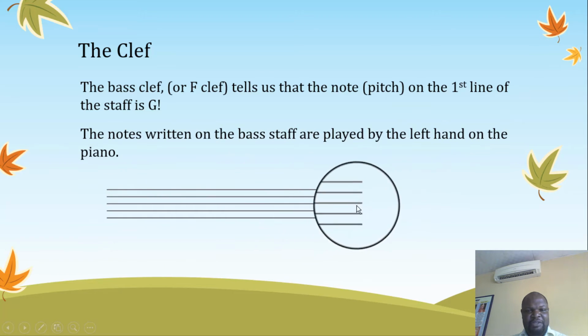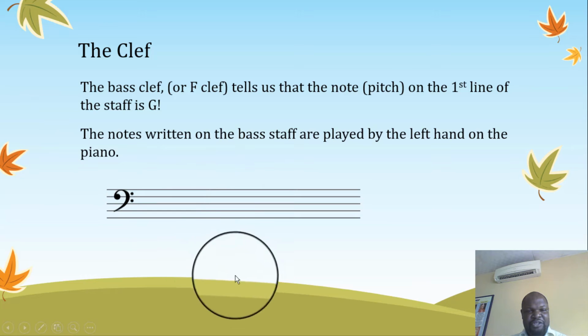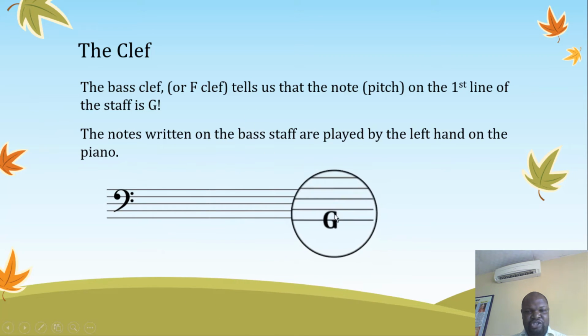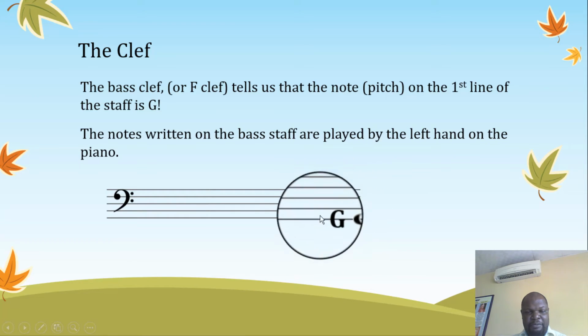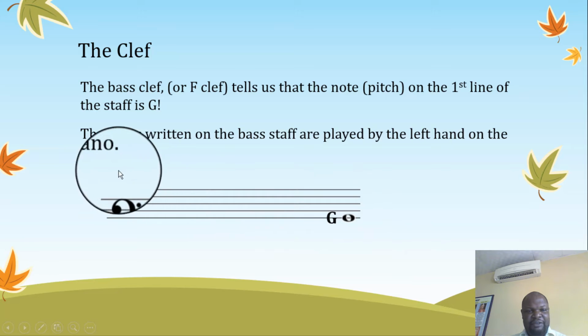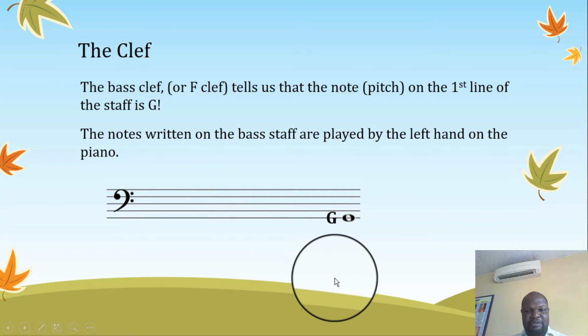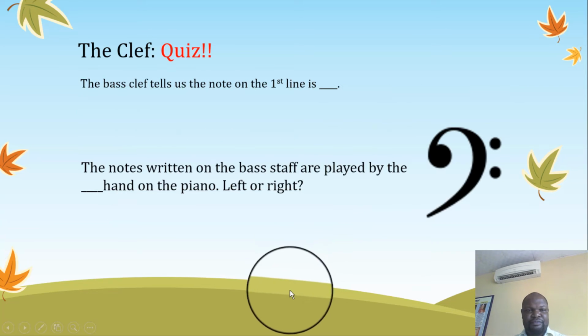Again, we have this empty staff here, and once we bring in that bass clef, you see that the first line is now G. It's not an E anymore like we had with the treble staff, but right now it's a G. And again, that's exactly what a clef does. It tells us the names of the notes that are on a staff.